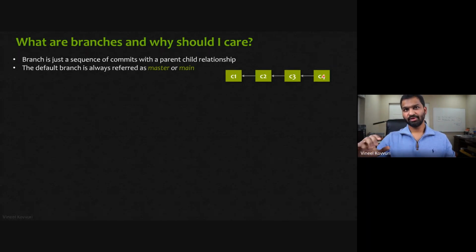So what I'm trying to say here is, a branch is basically a collection of commits, a sequence of commits, one preceding the other. C3 is the parent of C4, C2 is the parent of C3, and C1 is the parent of C2. This is called a branch.